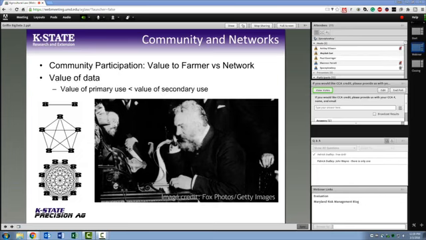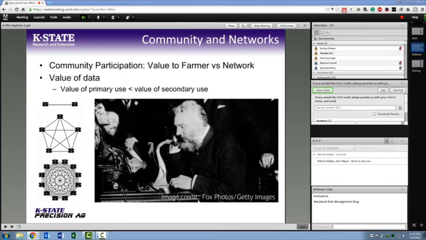One of the characteristics of community data that I really want you to consider is the value of the primary and secondary uses of that data. What I mean by this is the classic example from the big data industry, Amazon.com. Amazon collects information on all of us when we shop for different things, and the terminology is data exhaust.